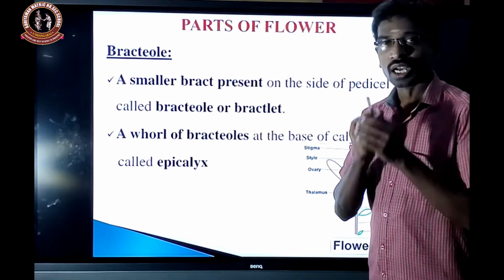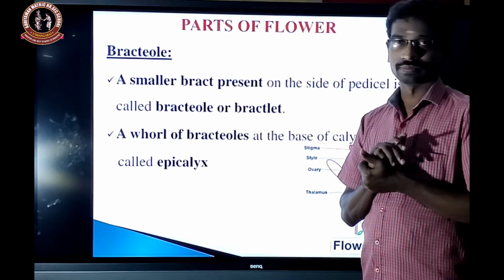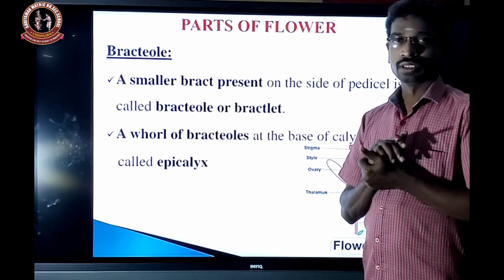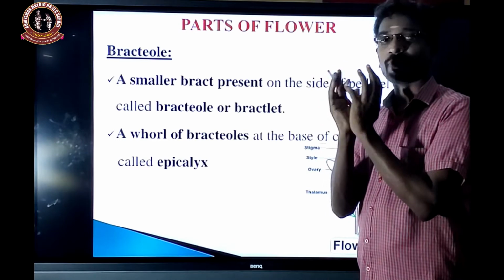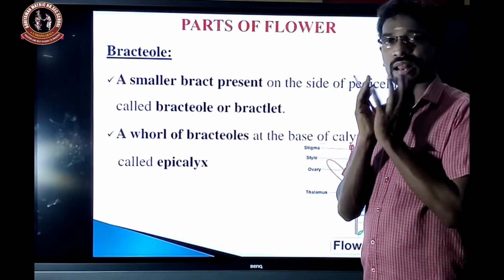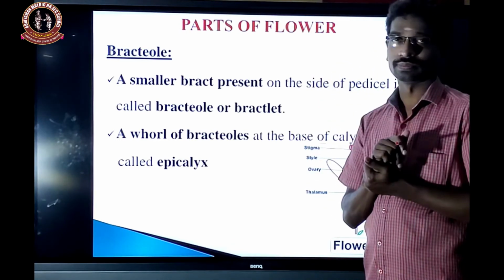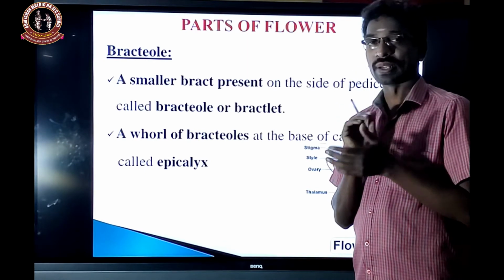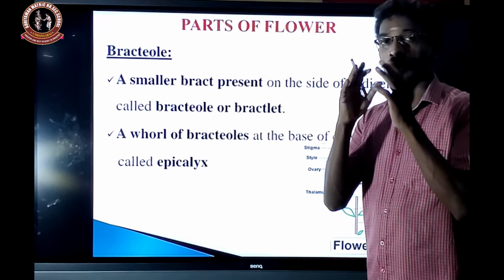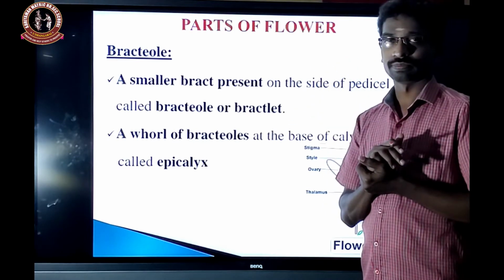The whorl of bracteoles is called epicalyx, where it is present outside the calyx.